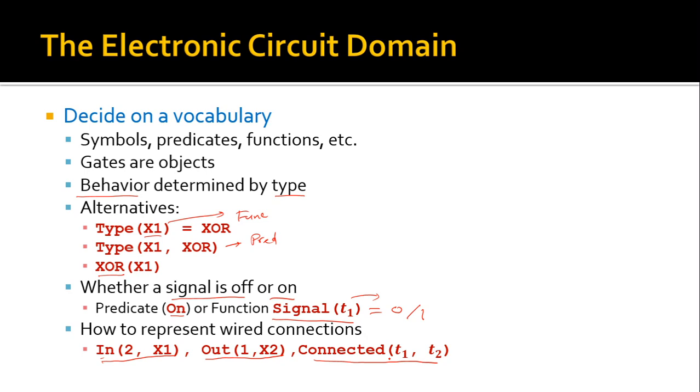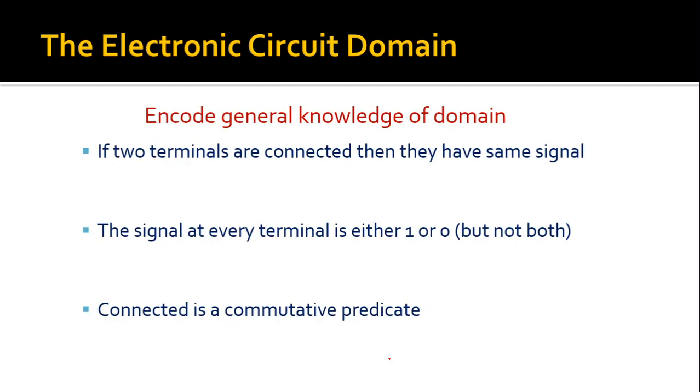The next step is to encode the general knowledge of the domain. So what is the general knowledge? These are all axioms. So the first axiom is, if two terminals are connected, then they have the same signal, right? So first let us write what we mean by connected. How do you model connected?